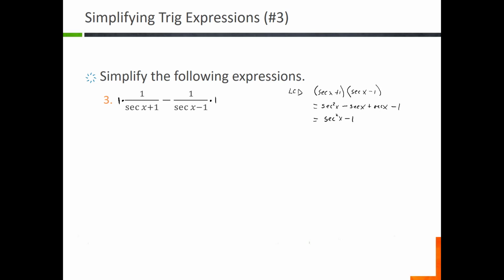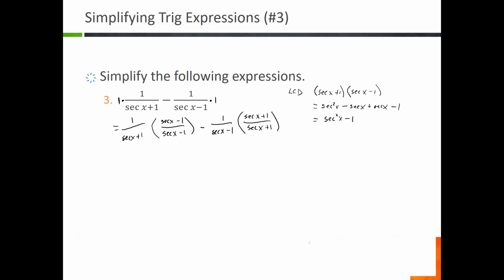So I'm going to take the first fraction, 1 over secant x plus 1, and multiply it by the fraction secant x minus 1 over secant x minus 1. So I'm multiplying top and bottom by the denominator of the other fraction. The other fraction, 1 over secant x minus 1, I'm multiplying by 1, which is going to be the other denominator, so secant x plus 1 over secant x plus 1.